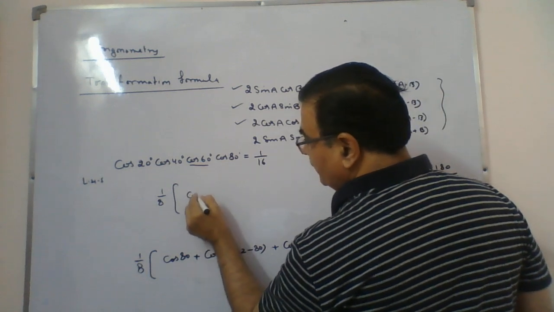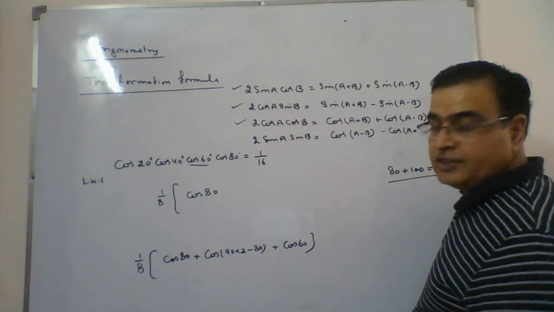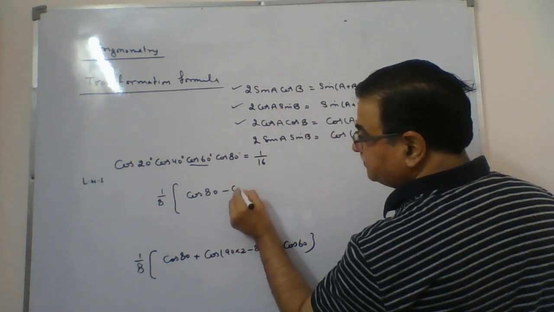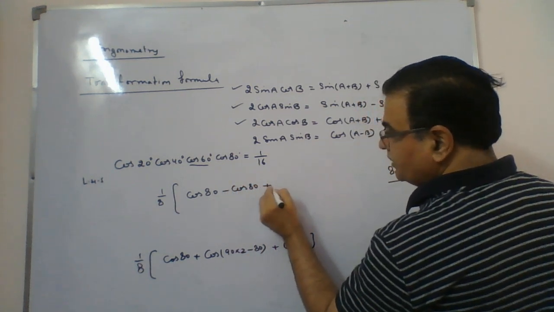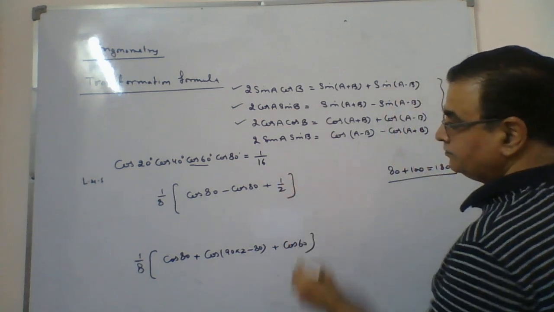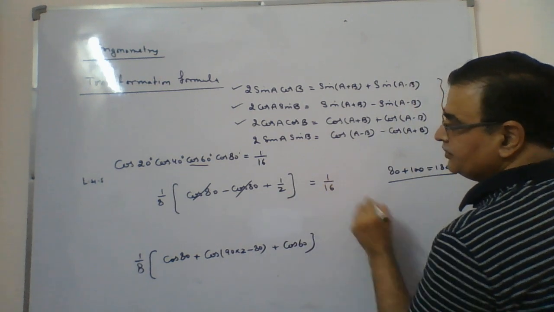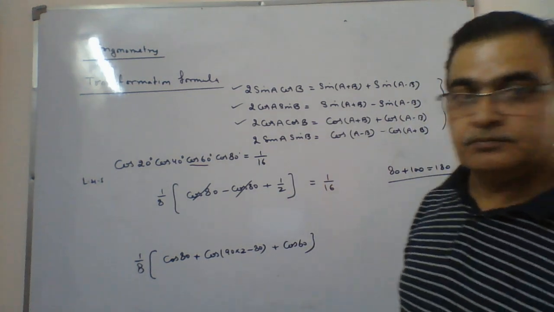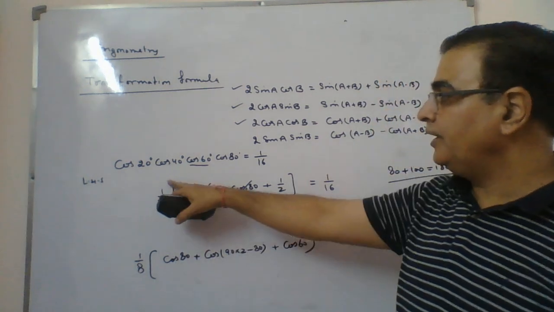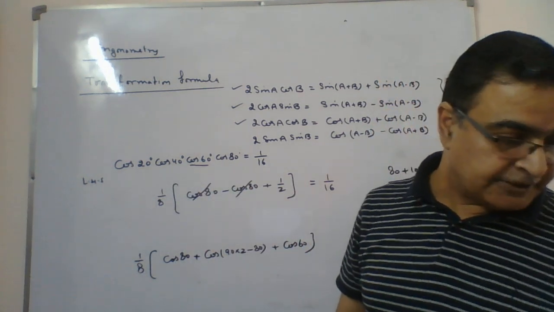This is cos of 80. Cos of 180 minus 80 is minus cos 80. And then cos 60 comes out to be half. Half into 1 by 8 comes out to be 1 by 16, which is the answer. So this is the question we have: cos 20, cos 40, cos 60, cos 80. Your answer comes out to be 1 by 16.